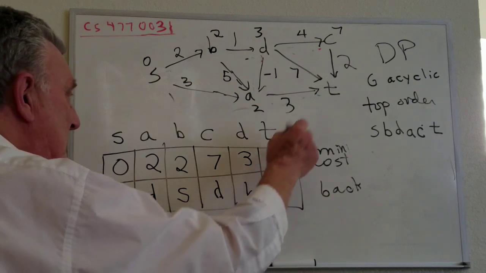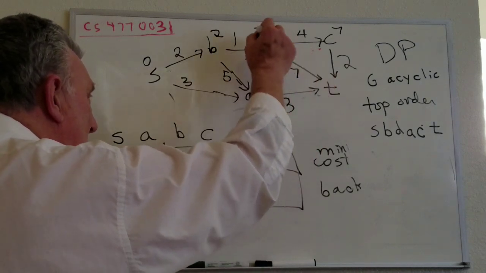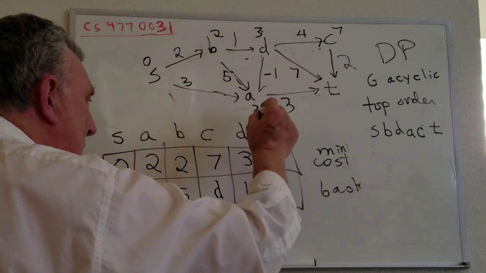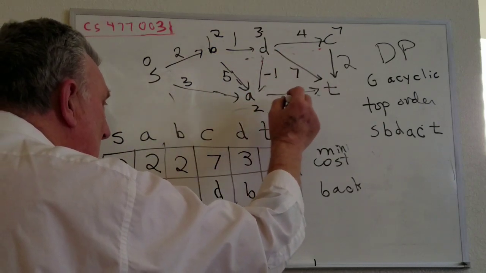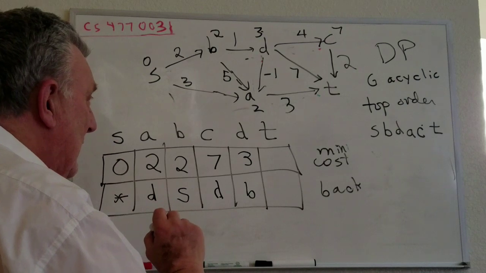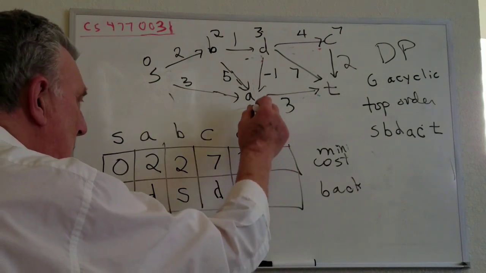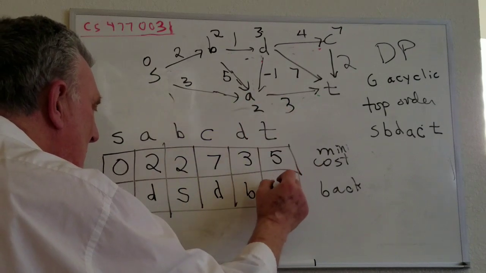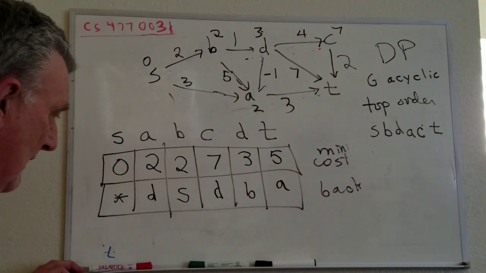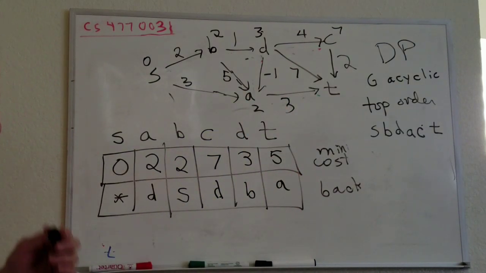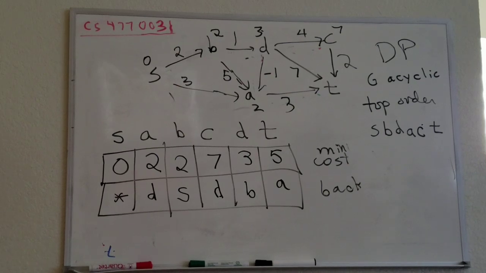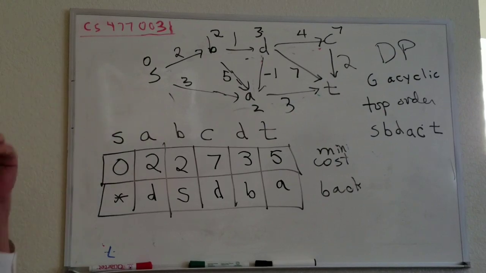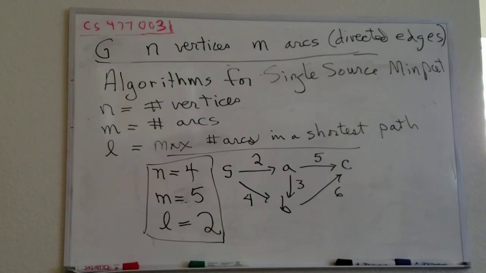Now when we get to T, we have two things to look at. 3 plus 7 is a possibility, and 2 plus 3 is a possibility. Well, guess what? We're going to pick 2 plus 3, and that comes from A, so the back pointer is A. And this is the complete solution to the min-cost problem for this particular graph, for the single source problem.